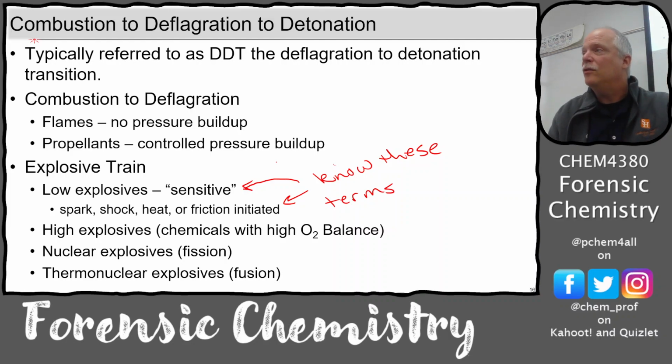Shock is mechanical. So when we talk about shock-sensitive explosives like nitroglycerin, it's not talking about what we would call getting shocked like static electricity. That's a spark. It's getting hit by something, getting shot by a bullet or hit by a hammer or in a car wreck.